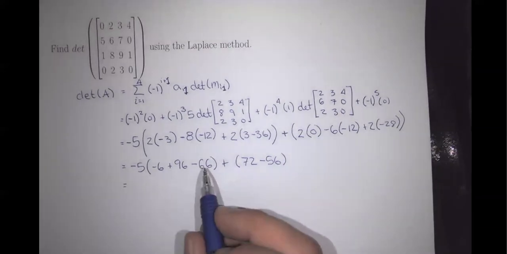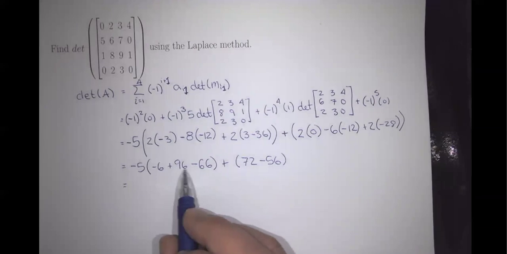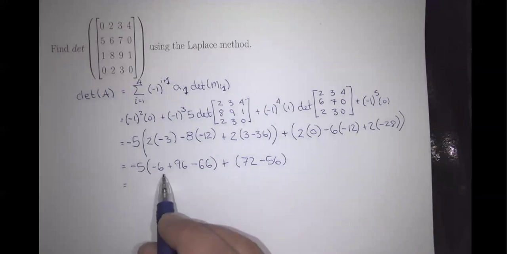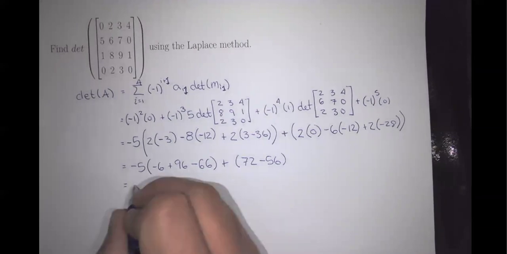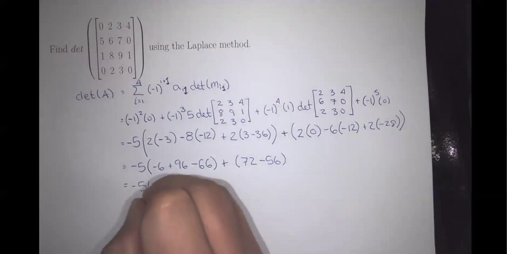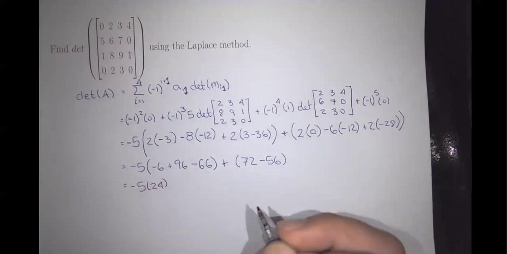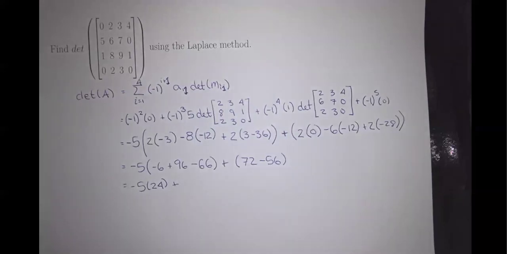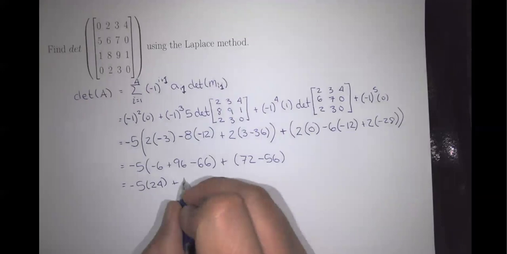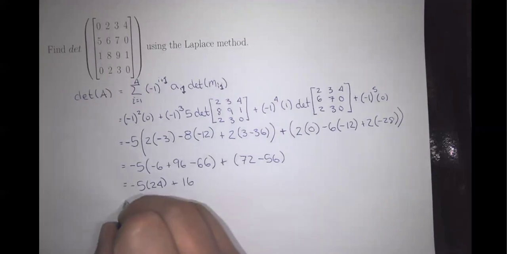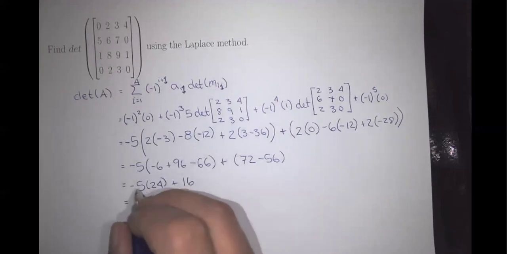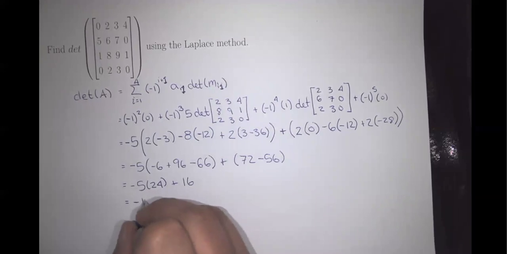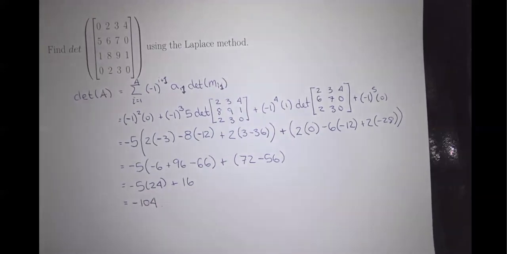So let's add these guys up. 96 minus 66 minus another 6 is 24. So that's -5 times 24 plus 76 minus 56 is 16. 120 minus 16 is -104.